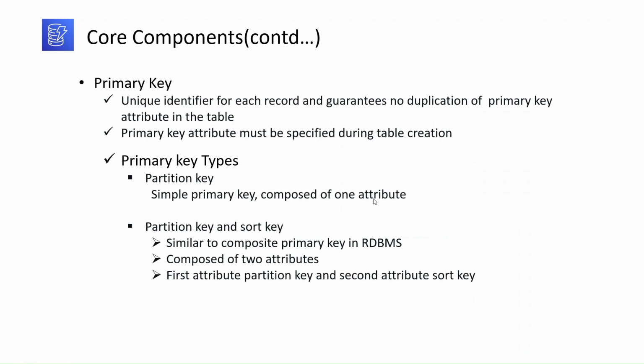One is partition key and the other is partition key and sort key. The partition key is a primary key and consists of only one attribute. The partition key and sort key is similar to composite primary key in RDBMS and it consists of two attributes. The first attribute being the partition key and the second attribute being the sort key.